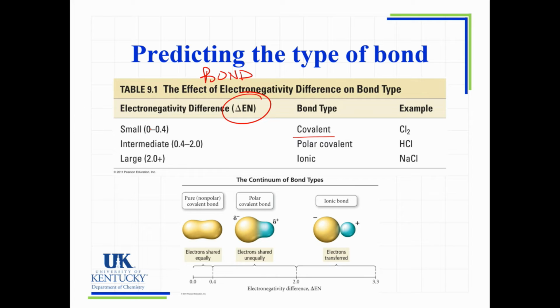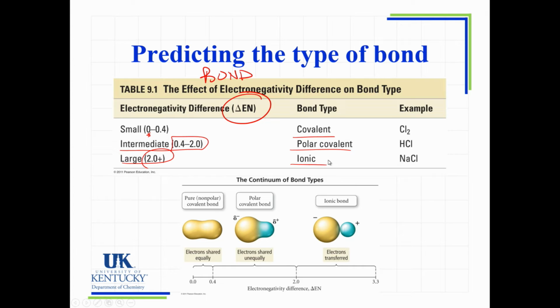That would be from 0 to 0.4. We just call it a pure covalent bond. It's only truly pure, equal, complete sharing when the difference is 0, but if it's down to 0.4, we'll call it covalent. If we're in the intermediate range of 0.4 up to 2, we call that a polar covalent bond. And if it's bigger than 2, then it is so different that it gets the ranking of ionic.